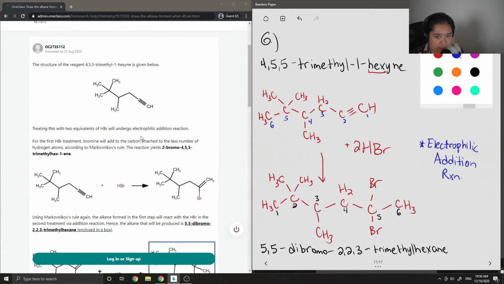Let's test numbering this as carbon 1, just to see how it compares. We would have 2,2-dibromo, and then 4,5,5-trimethylhexane.